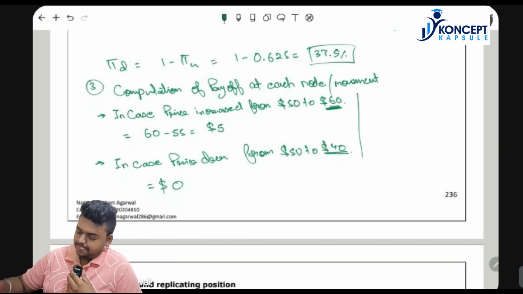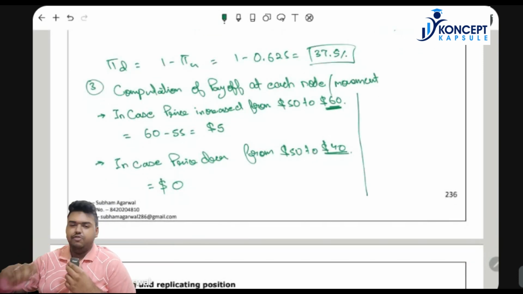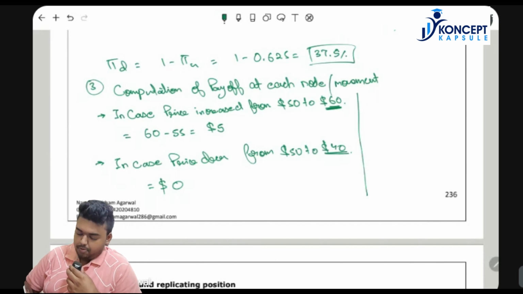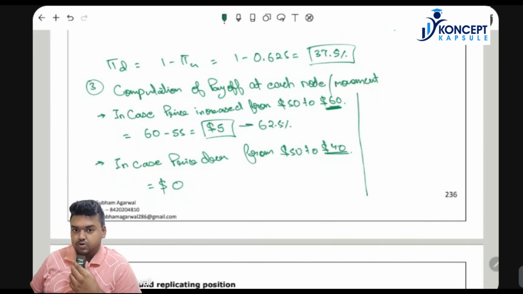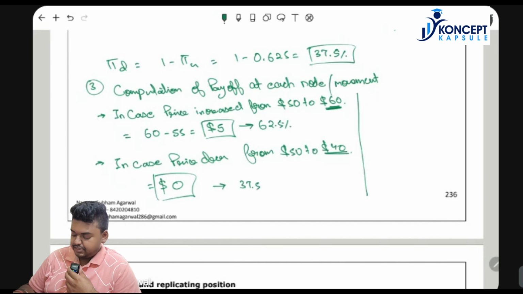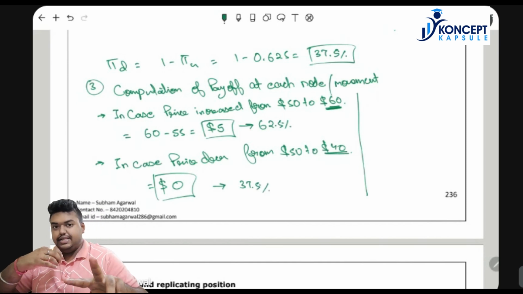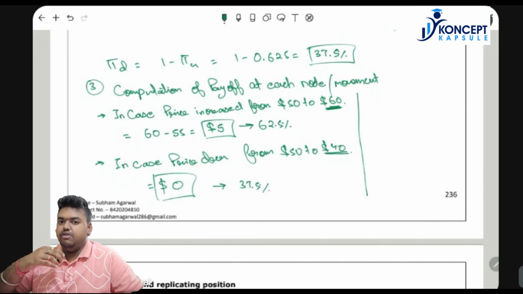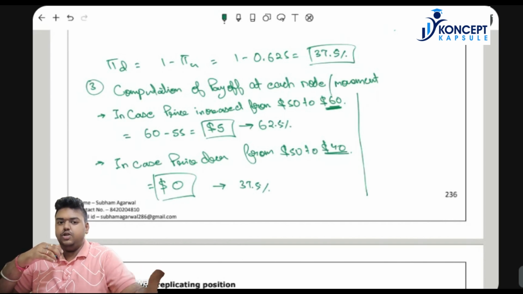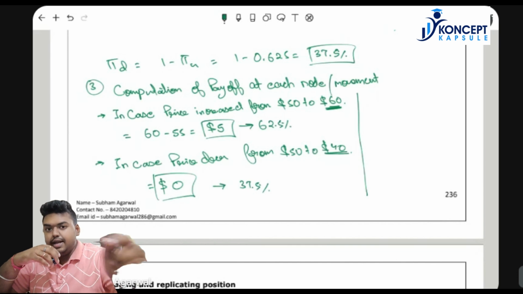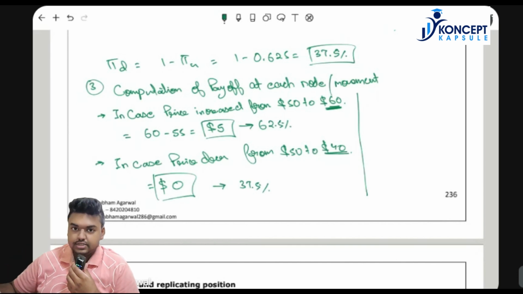Now you have to understand that the probability of earning this $5 is 62.5%, yes or no? And the probability of earning $0 is 37.5%. So you cannot say that you are 100% sure that you will earn $5, and at the same time, you cannot say that you are 100% sure that you will earn $0. Now the concept introduced to us is expected payoff.